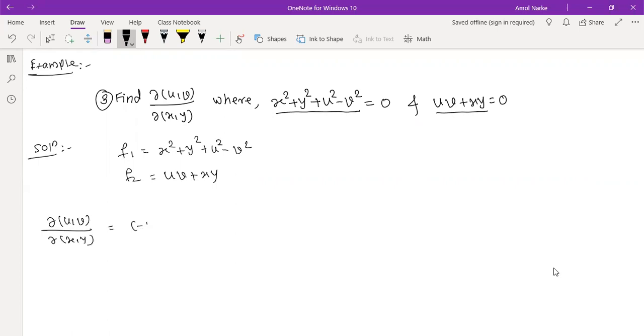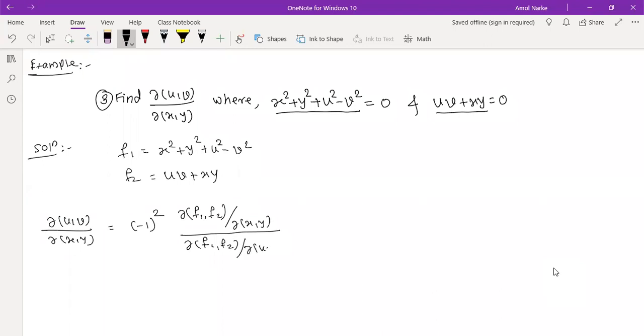My formula is minus 1 raised to n. What is the value of n here? n is 2. So minus 1 raised to 2, times the Jacobian of f1 and f2 with respect to x and y in the denominator, whole divided by the Jacobian of f1 and f2 with respect to u and v in the numerator.